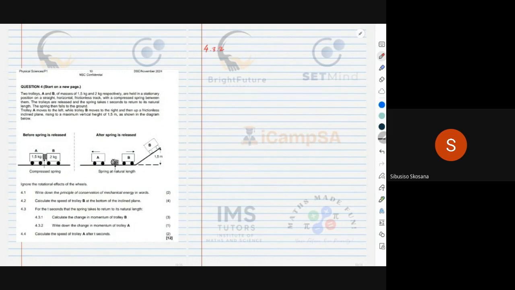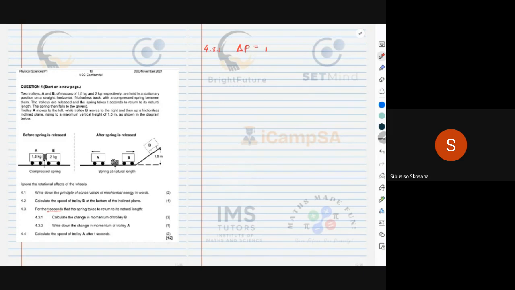Now they want a momentum from us. No, I'm writing a wrong question. It should be 0.1. Here they are asking us for the time, t seconds, that the spring takes to return to its natural length. Calculate the change in momentum of trolley B. That's the first thing, so this should be fairly easy.